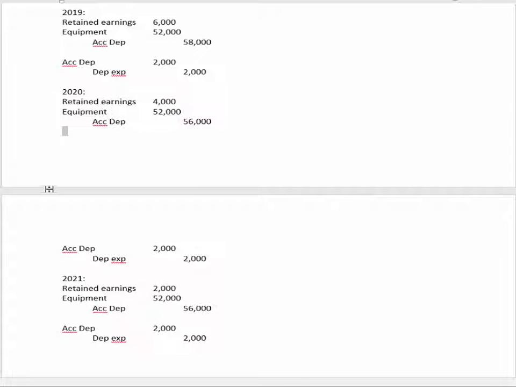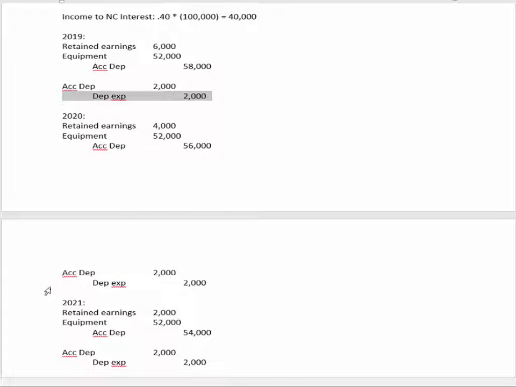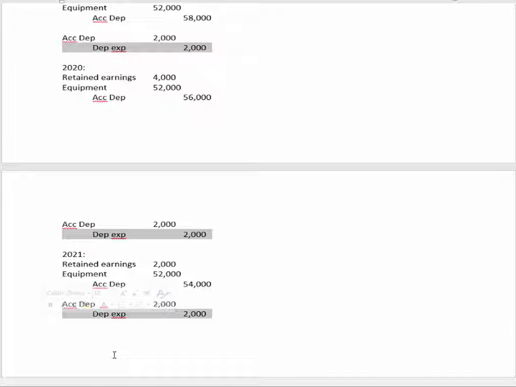Accumulated depreciation in 2020, we credited for 56, debited for 2, so we're carrying forward 54. And then we recognize the last of that $8,000 gain. Again, we took away $8,000 in 2018, and we gave it back 2,000, 2,000, 2,000, and 2,000.